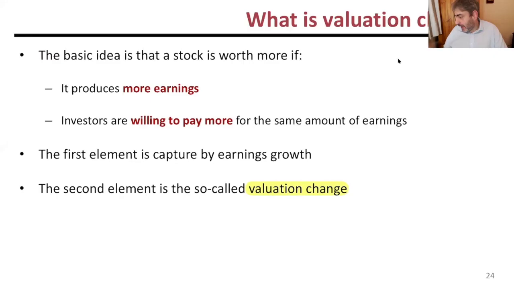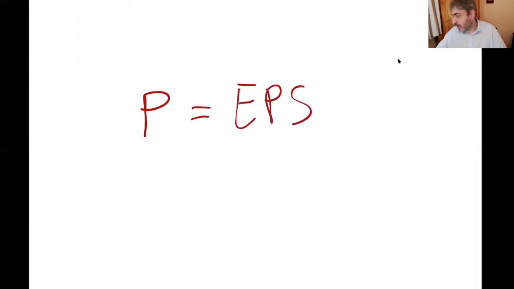And I always feel very stupid when I do this, but I think it helps to get the idea. The price of a stock, we can write this as the product of 2 components: the earning per share times the price earning.